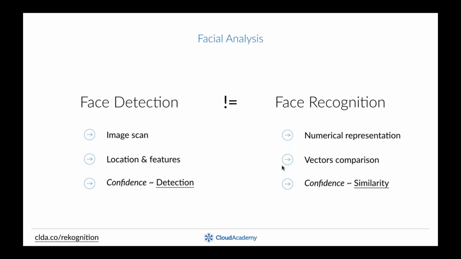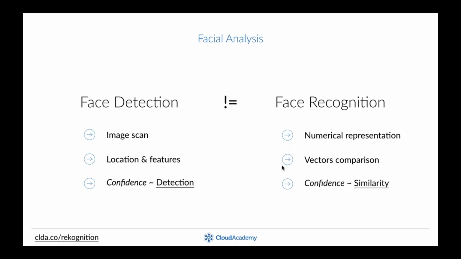So what Amazon Rekognition actually does is to have some sort of numerical or vector representation of each face, so that they can perform a comparison. And here the confidence is given by how similar such faces are.